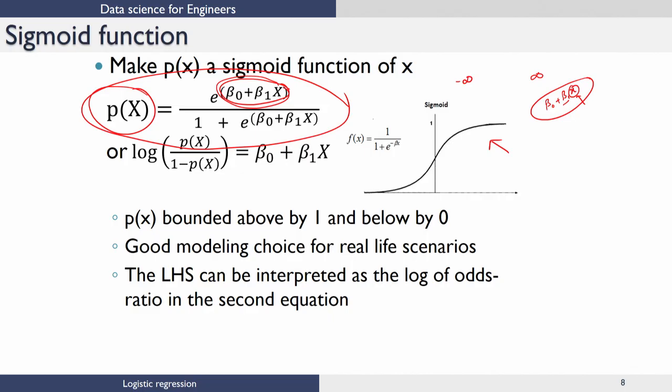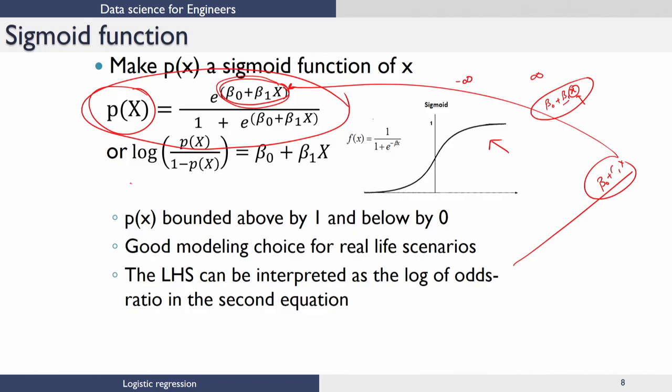If we were not using this probability, all we would do is look at this equation, and whenever a new point comes in, evaluate beta naught plus beta 1 x, and based on whether it is positive or negative, say yes or no. Now, instead, this number is put back into this expression, and depending on the value you get, there is a probabilistic interpretation. That is the beauty of this idea.